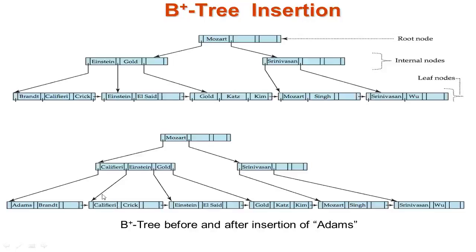The names are taken to the intermediate node, and then here you can see Einstein and Gold created, based on the number of nodes and the data. Here you can see Einstein and then El Said, right? Then from this pointer, the Gold is linked with this particular leaf node. The remaining things are the same.